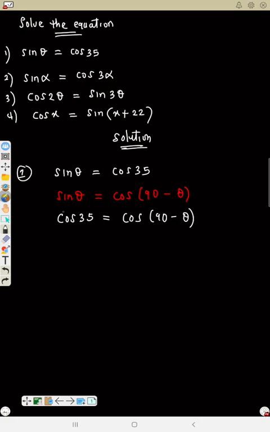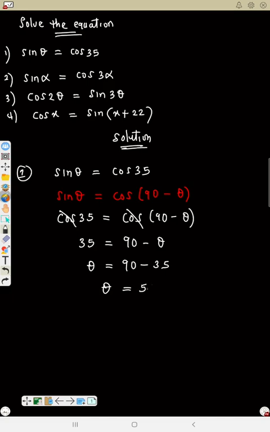So in this case, you will now cancel cos. If you cancel cos, that will be 35 is equal to 90 minus theta. Collect the like terms. So theta is 90 minus 35. So theta is equal to, you subtract 90 minus 35, what do you get?